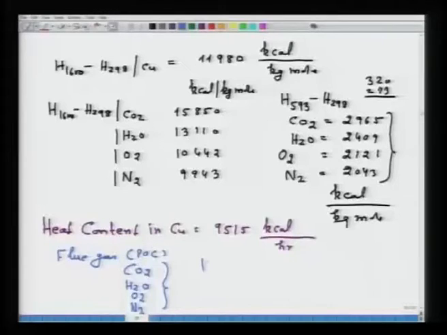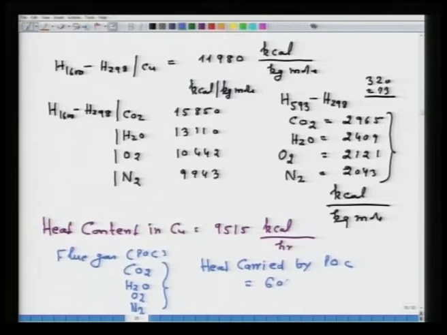The products of combustion are discharging at 1327 degrees Celsius. So, you can calculate all, and the heat carried by POC should come of the order of 6047.5.